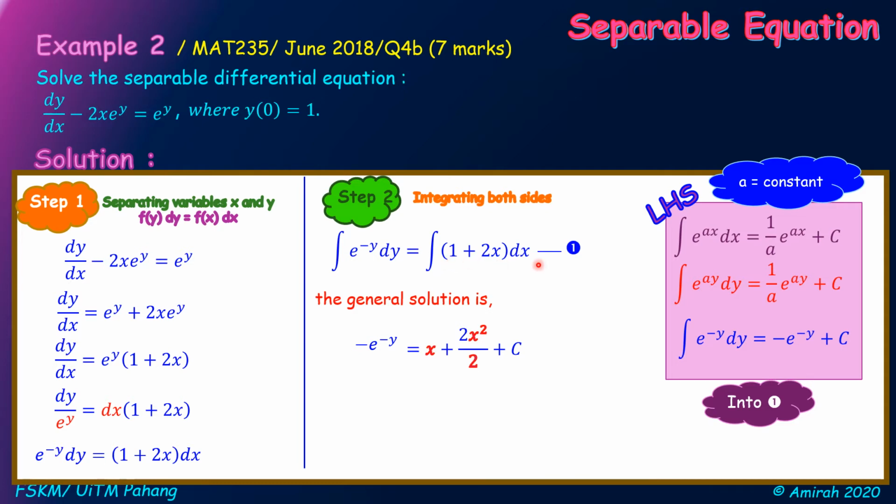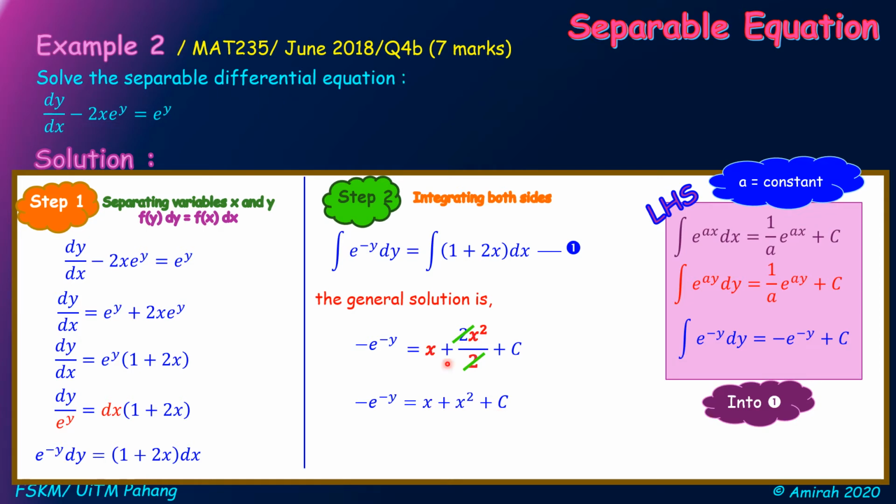We integrate 1 with respect to x, it equals x, and then plus we integrate 2x, so it becomes 2 times x squared over 2 using the power rule. And then plus c. After that, we can simplify the 2 in the numerator and the 2 in the denominator. Then we have negative e to the power of negative y equals x plus x squared plus c.